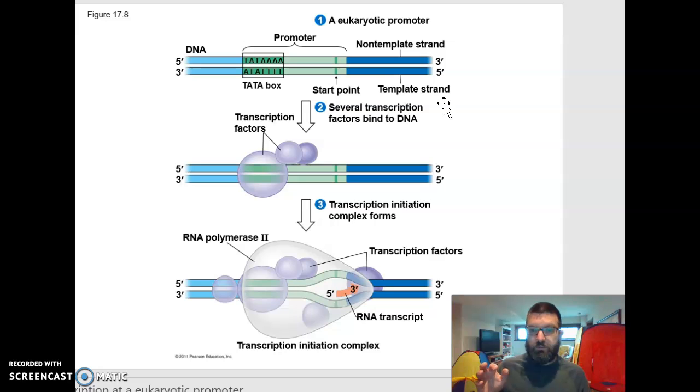This is because whereas G's and C's form 3 hydrogen bonds together, A's and T's only form 2, and so it's easier to hop on and then hop back off again. So TATA box is a promoter. Transcription factors help the RNA polymerase bind to that promoter, and then it can slide down this template strand, make an mRNA transcript until it hits the terminator at the end.